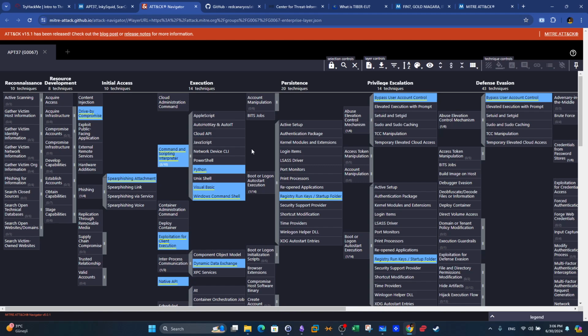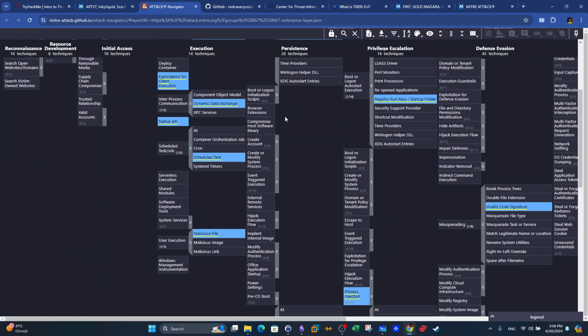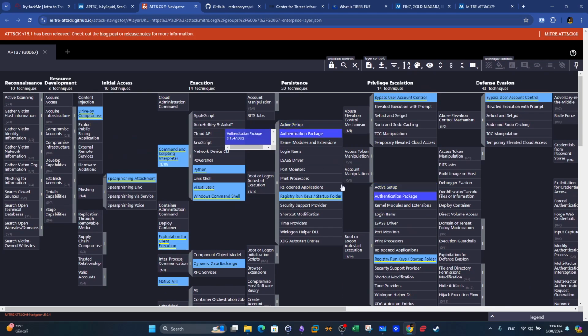So for example, say that the organization doesn't use Python in their environment. Then choosing Python as one of the techniques used in execution is going to be irrelevant to your exercise. That's how you're going to rule out or rule in the techniques.